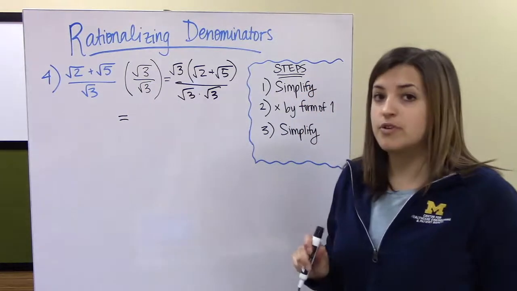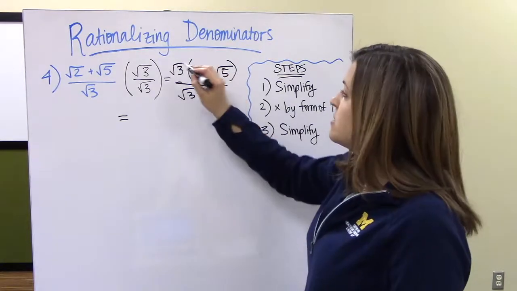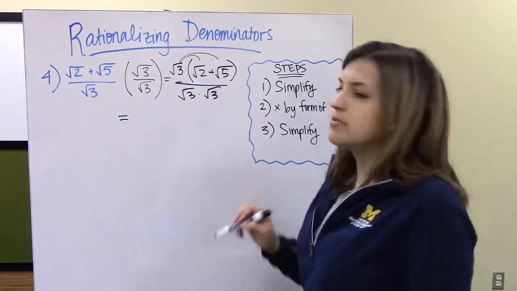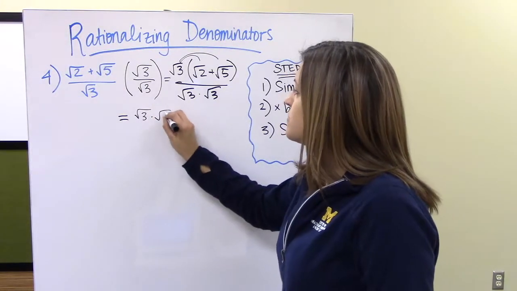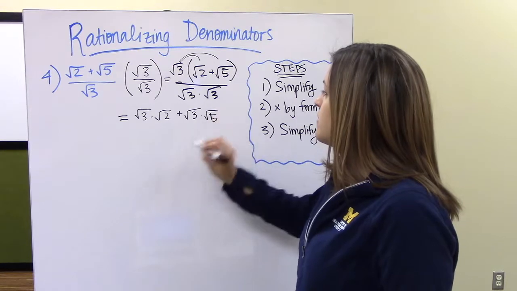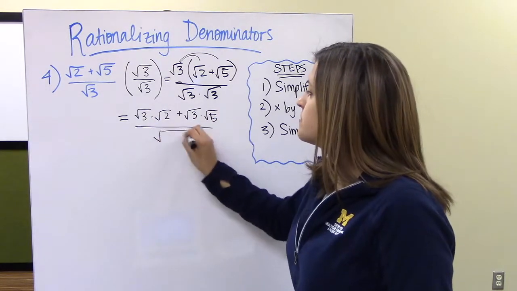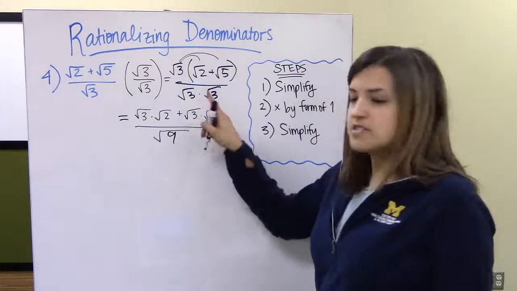Now, let's rewrite this. I'm going to use my distributive property here, and multiply that square root of 3 through to the 2 on top. So I'll get square root of 3 times square root of 2 plus square root of 3 times square root of 5 over the square root, I'm using the product property here, of 9. That's square root of 3 times 3.